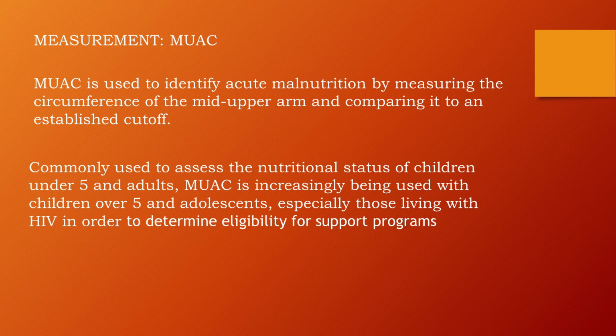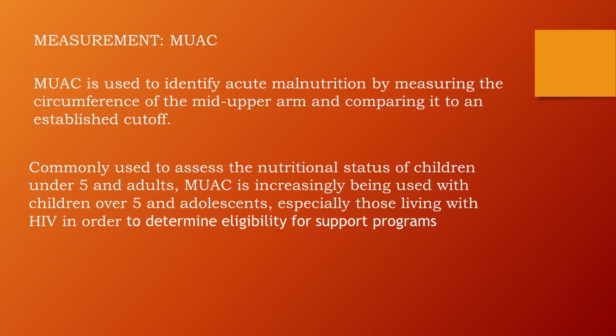That can be categorized simply: if the mid upper arm circumference is more than 12.5 centimeter, it is normal, but when it is less than 12.5 centimeter, it is moderate acute malnutrition, and when it is less than 11.5 centimeter, it is severe acute malnutrition. So, MUAC is used to identify acute malnutrition by measuring the circumference of the mid upper arm and comparing it with the established cutoff.